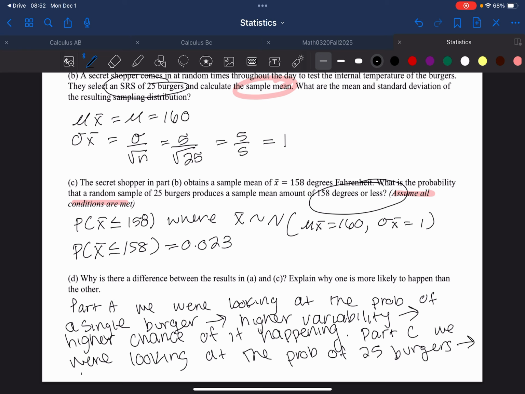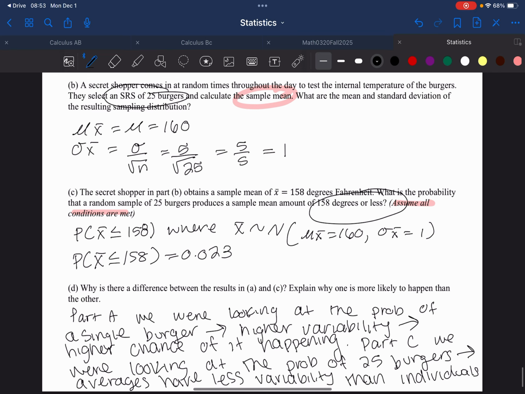This implies that averages have less variability than individual items, which means it's a lower probability of that event happening. I'm running out of room, so I'm going to continue up here, which is a lower probability of that event happening.